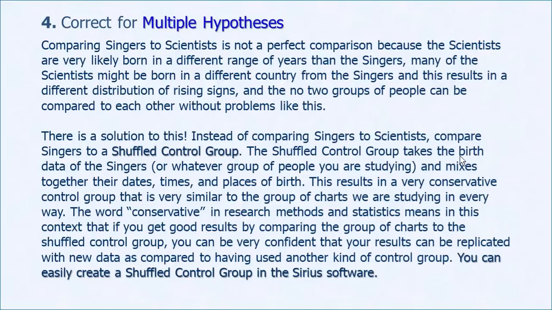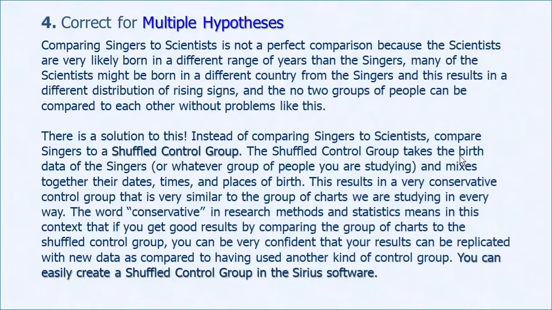And this is a fantastic control group, because what it means is that this shuffled group is going to be born during the same years as the singers, right? Because I've used the same years. They're going to be born in the same places, and they're going to be born at the same times. They're just all mixed together. So it is a wonderful control group, because you don't have to worry about comparing.